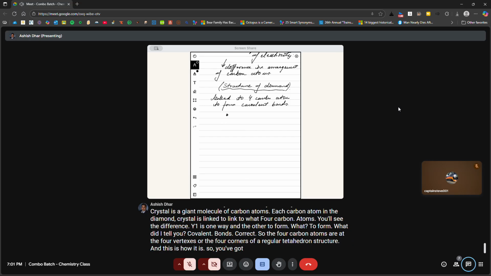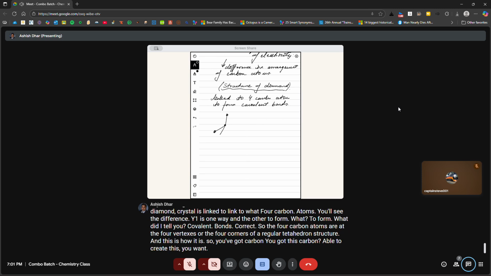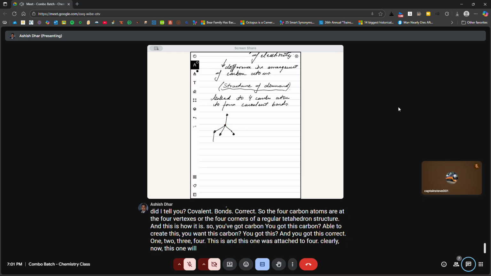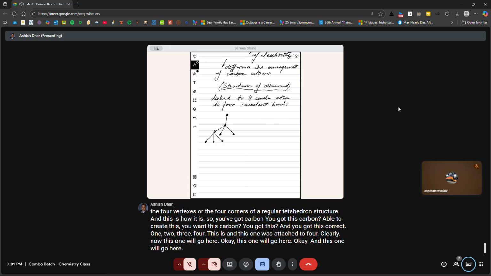And this is how it is. So you got this carbon, and you have to create this. You got this carbon, you got this, and you got this. Correct? One, two, three, four. This one was attached to four clearly. Now this one will go here. Okay. This one will go here. And this one will go here.